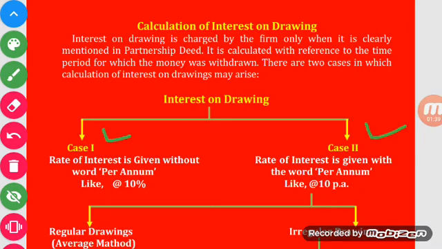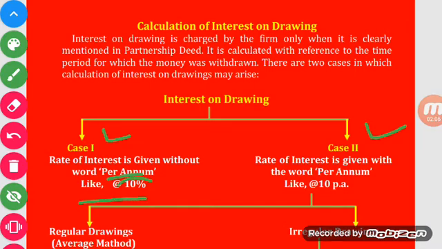Case first, important point, listen carefully here. Case first: when the rate of interest is given without the words per annum, like 10%.